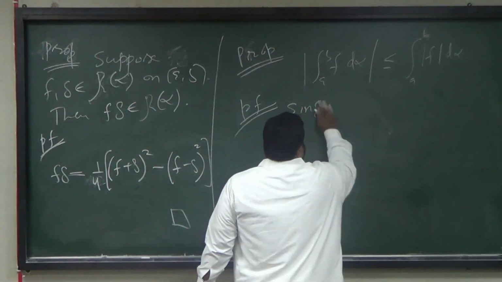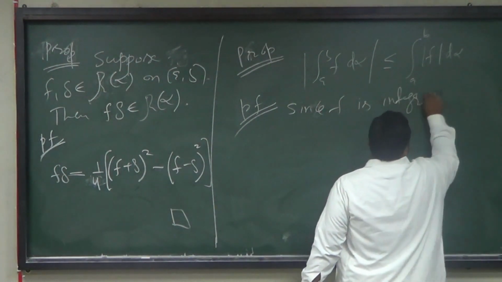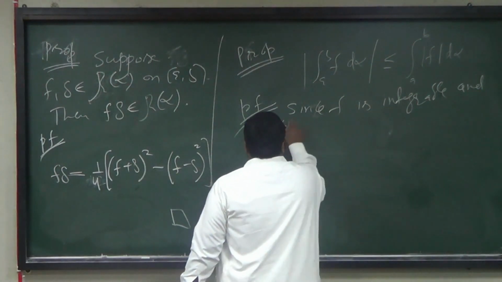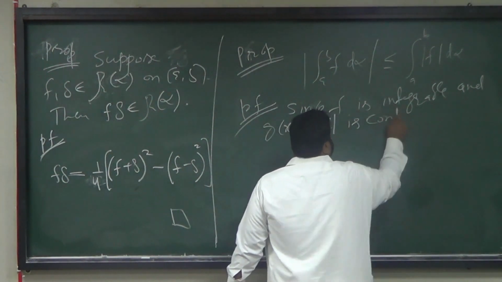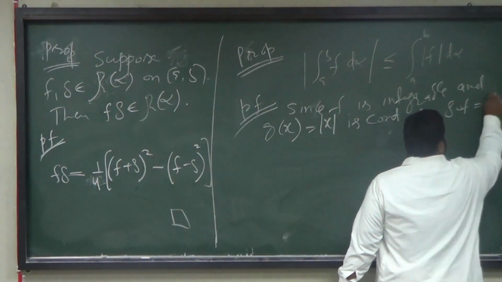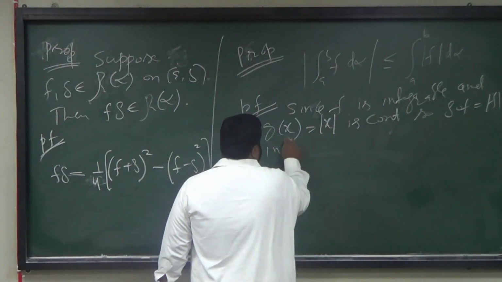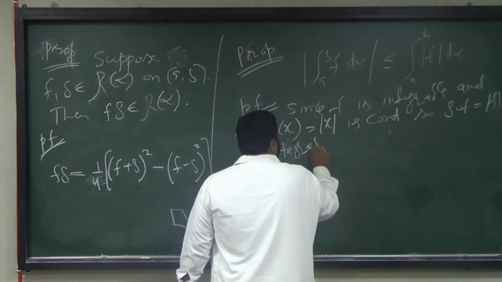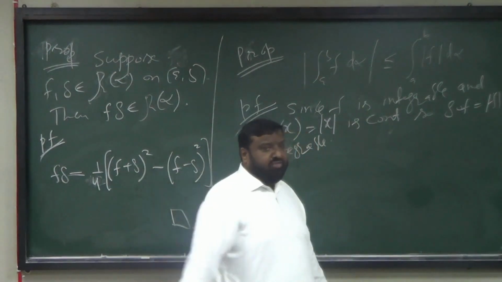Now since f is integrable, and g of x equal to the absolute value of x is continuous, g composition f, which is the absolute value of f, is integrable. The rest of the proof is very easy.